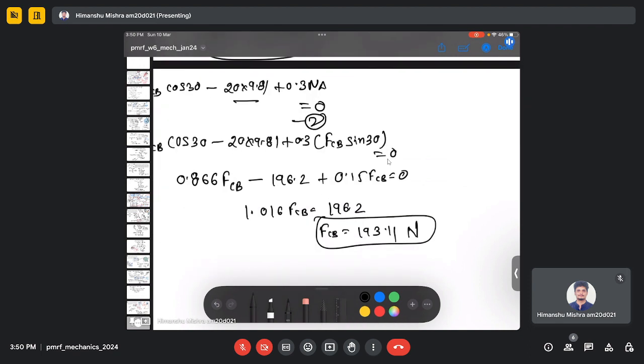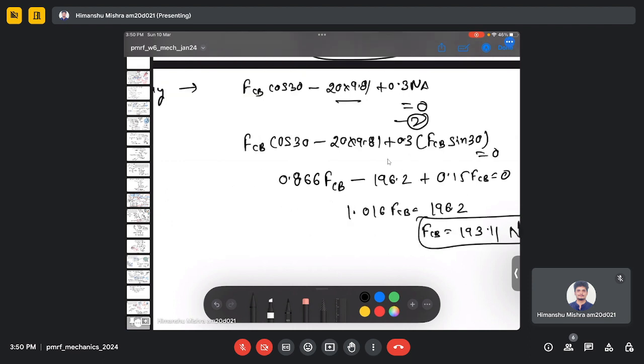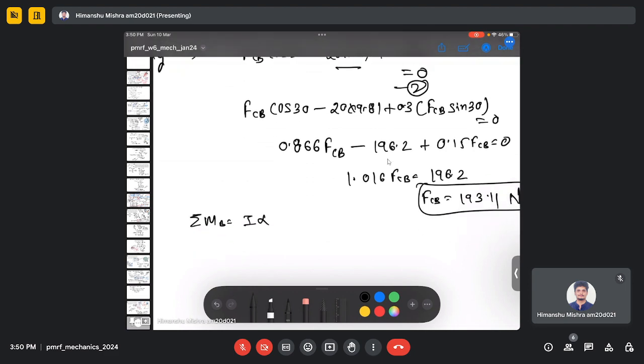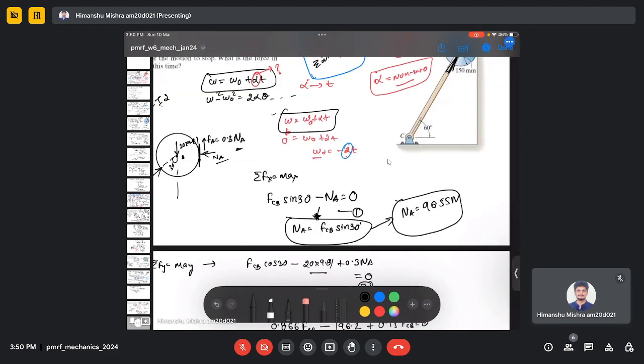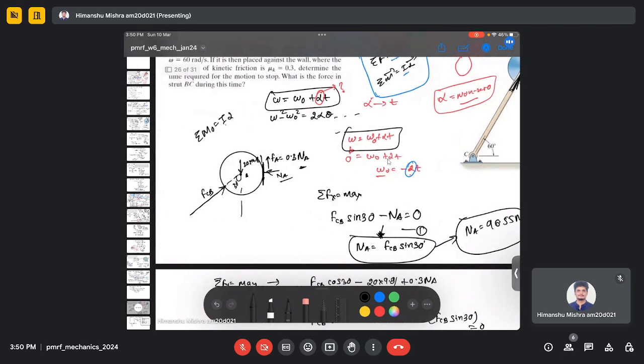Now I can do the moment balance. So the contribution to the moment is coming from the friction force only, which is acting counterclockwise around B. And all the other forces are in the line of action.